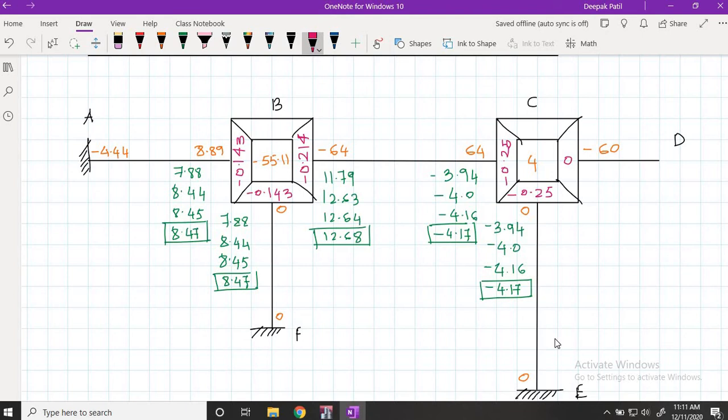So this is for BA, this is for BF, this is for BC, this is for CB, and this is for CE, right? Once it is done, you can easily calculate the final end moments.